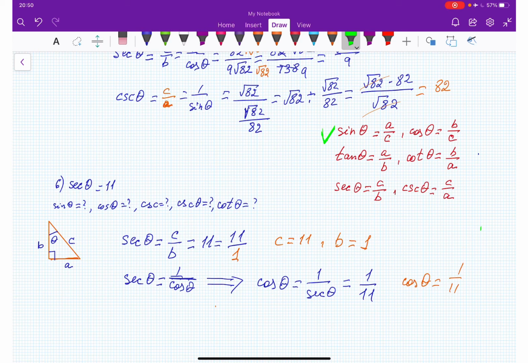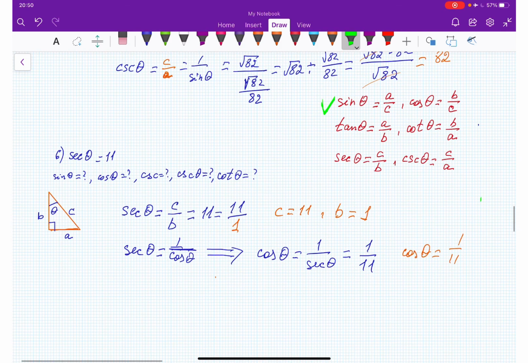So based on the Pythagorean theorem, we know that c squared is equal to a squared plus b squared. Look at that. We have c, we have b. Can we find a? Of course. We need to find a.